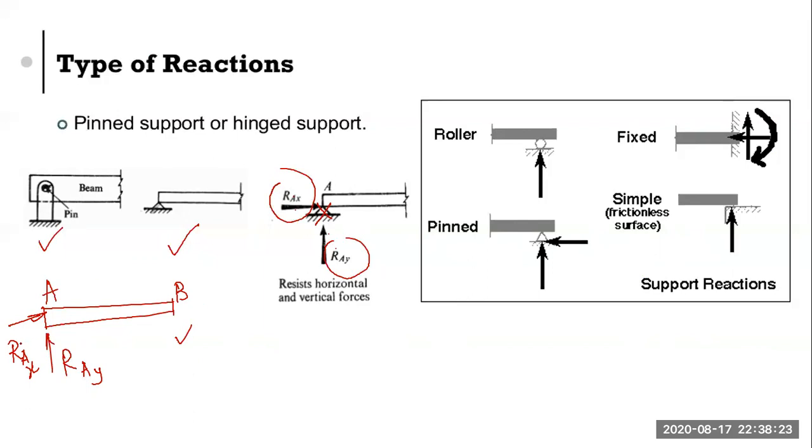And this force RAX will pass along the axis of AB, and this will be perpendicular to the axis of AB. For a roller, if you want to replace a roller, you have to replace this and show a simple vertical force RY, because it is in the y direction. So I'm just doing it for 2D.